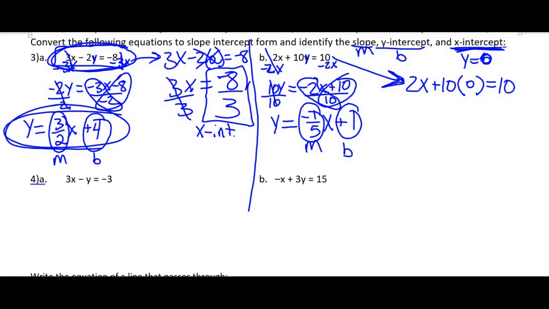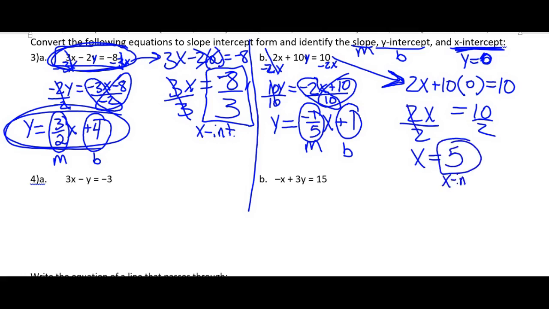So 2x plus 10 times 0 is just 2x plus 0, which is just 2x, equals 10. Solve for x, divide by 2, and our x is 5, which means our x-intercept is 5.